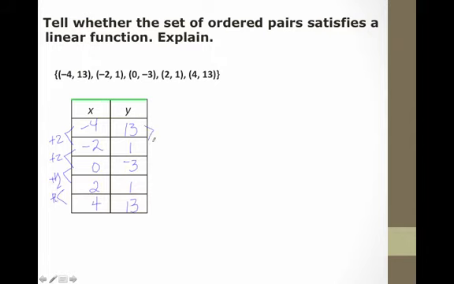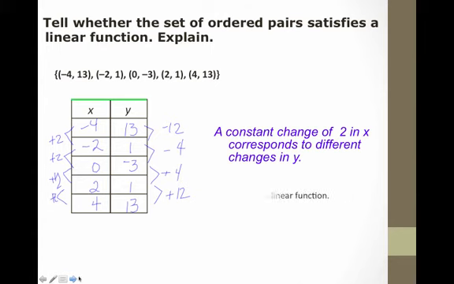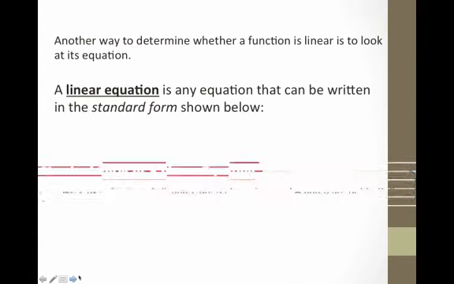I've got -12, -4, +4, +12. Okay, so I do have a function, but this is not linear. I do not have a constant change in x and a constant change in y. So these points do not satisfy a linear function.